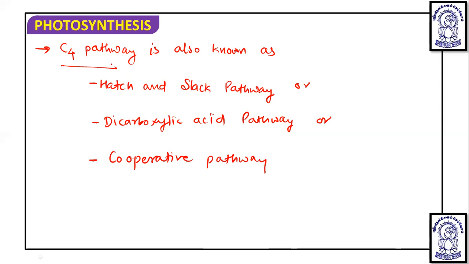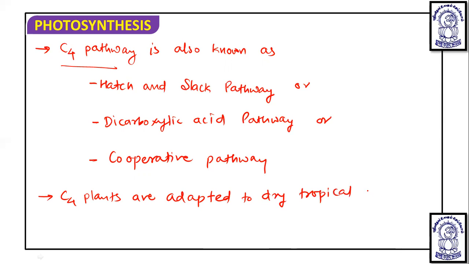Names are given. And this C4 pathway occurs in C4 plants. So C4 plants which carry out the C4 pathway are known to be adapted to dry tropical regions.